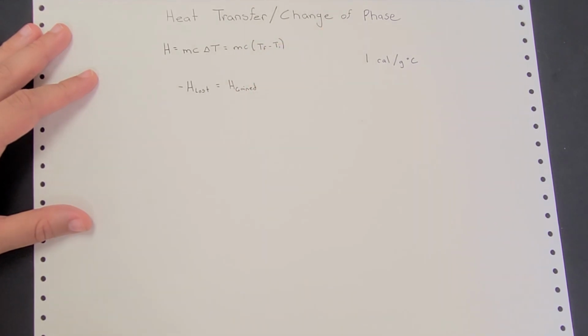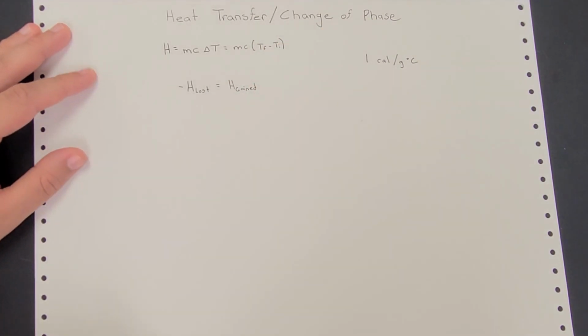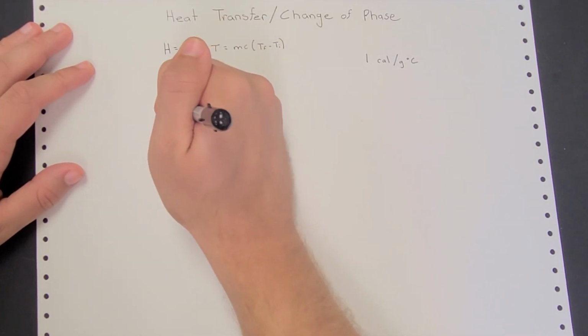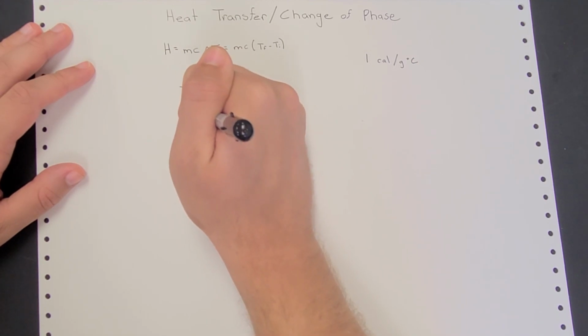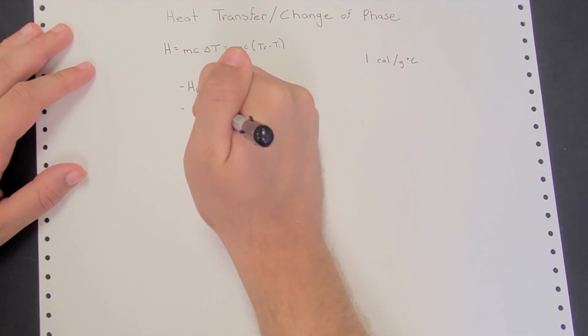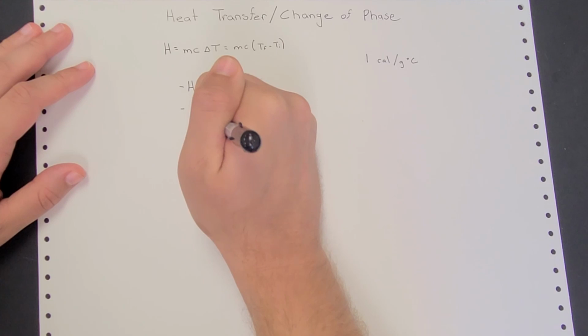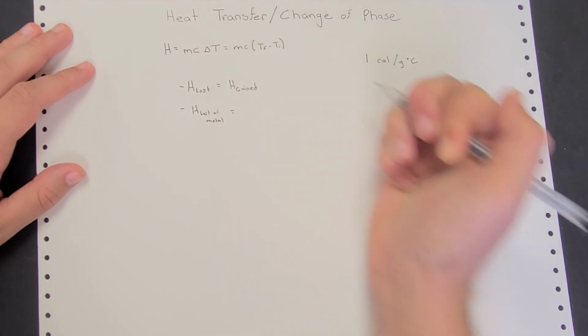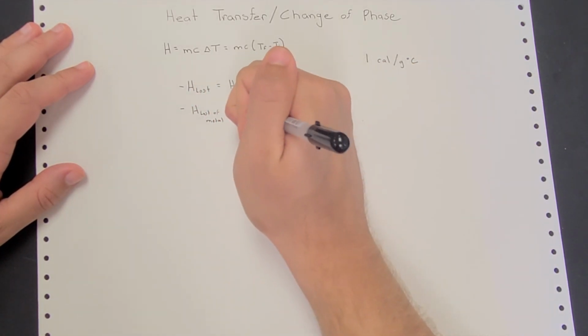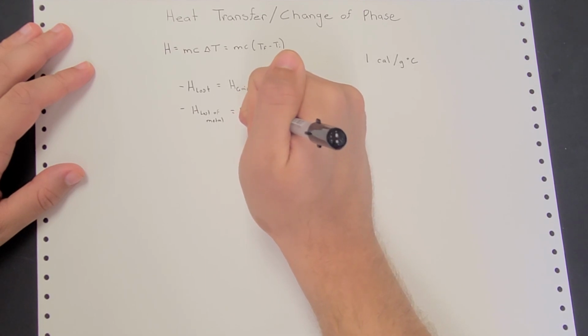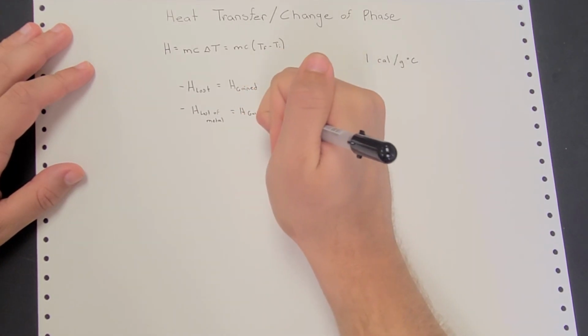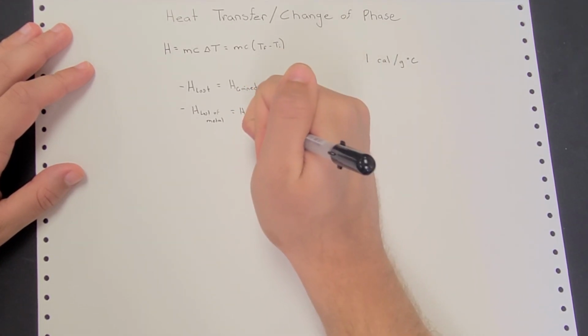So for the hot metal that we're placing in water, the negative heat lost of the metal has to be equal to the heat gained by the water.